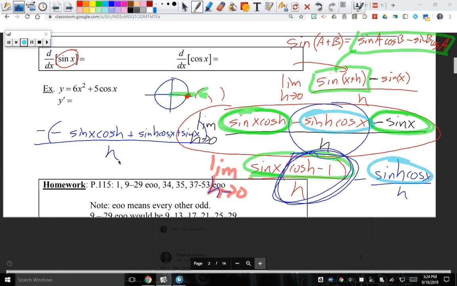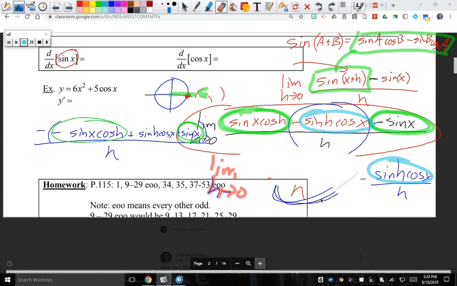Now watch, where you would have 1 minus cosine of h. So this would actually change to the 1 minus cosine of h all over h. So it would look like this: 1 minus cosine of h, the sine of x is here, and it's all over h.